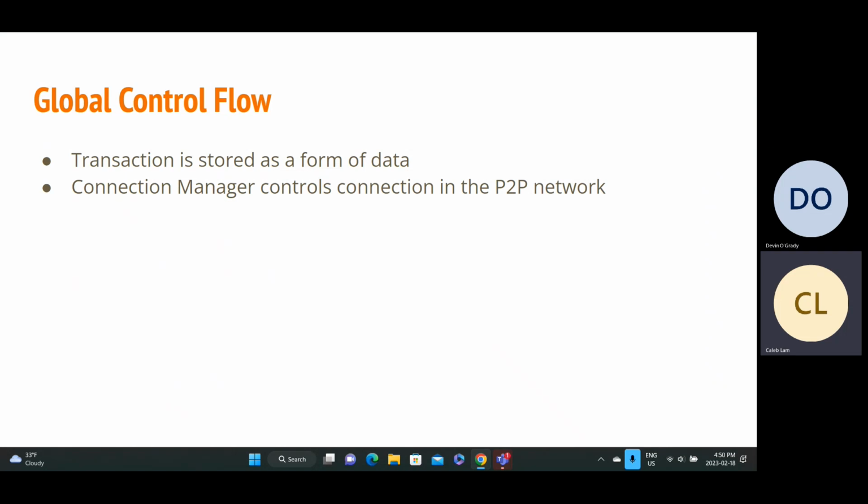Then it will go through a hashing component, also through the validation engine component, the mempool component, and finally the storage engine. For the control flow, the connection manager controls many of the components used in the system, for example, wallets and TXS, which is for hashing of the transaction. So its use is mainly to establish connection and confirm transactions.